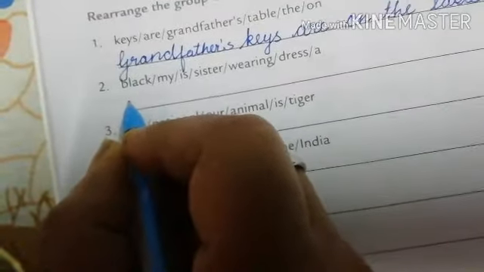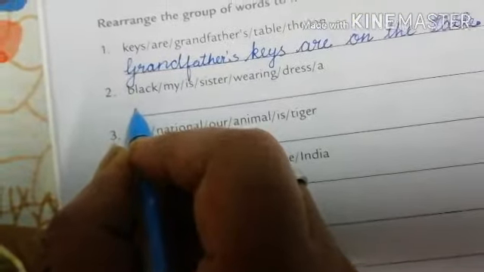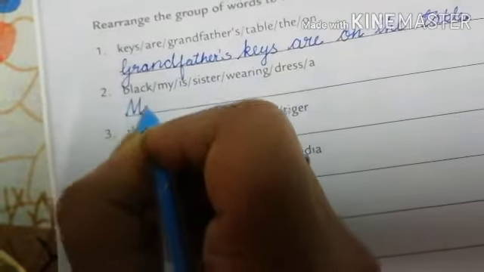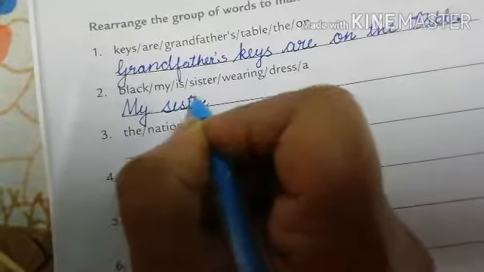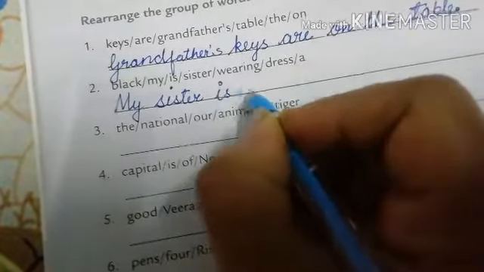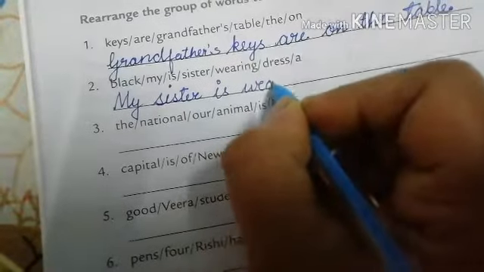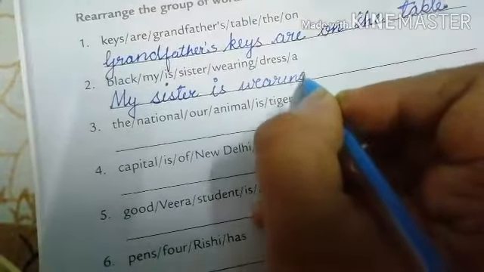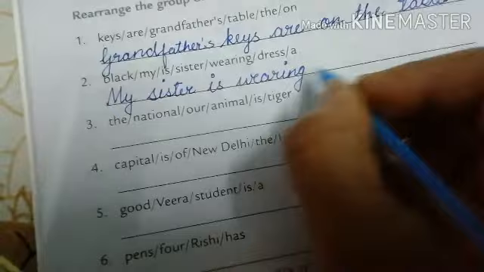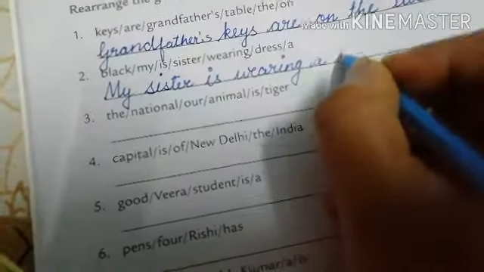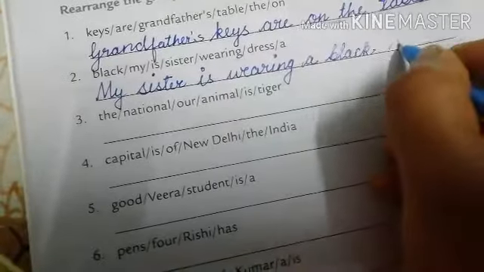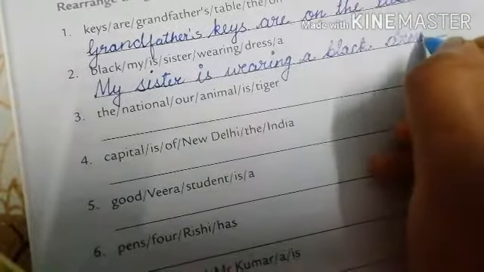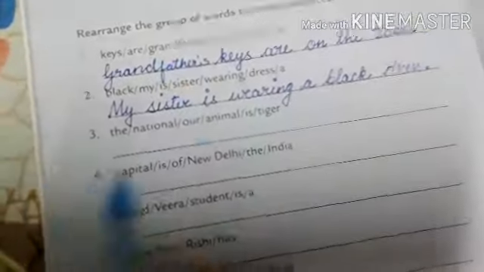Now how will we arrange this and make a complete sense and make it a sentence? My sister is wearing a black dress.